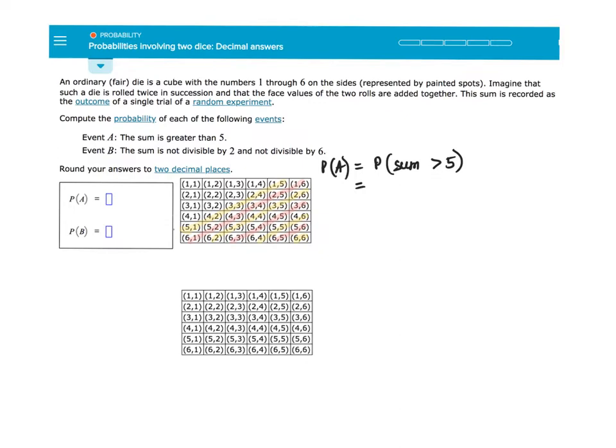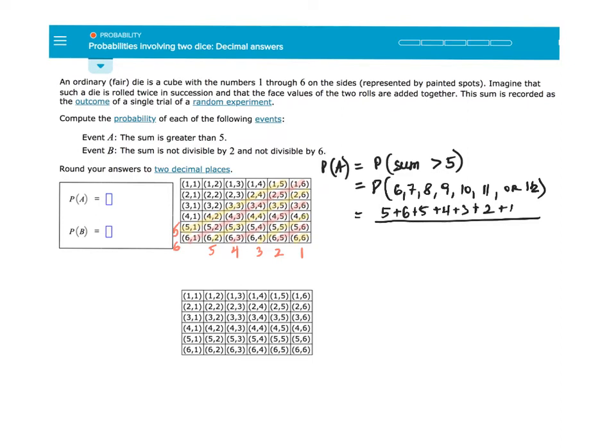There are 5 along the first diagonal, 6 along the longest one, and then numbers decrease 5, 4, 3, 2, and 1, which means the probability of getting 6, 7, 8, 9, 10, 11, or 12 can be computed by adding 5, 6, 5, 4, 3, 2, and 1, and that sum will be divided by the total number of possibilities, 36 of them.